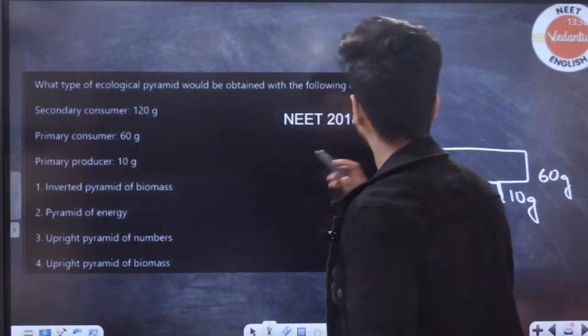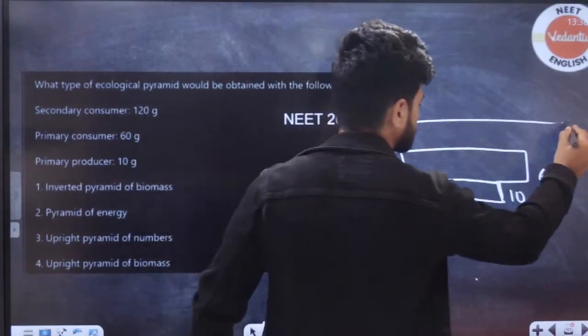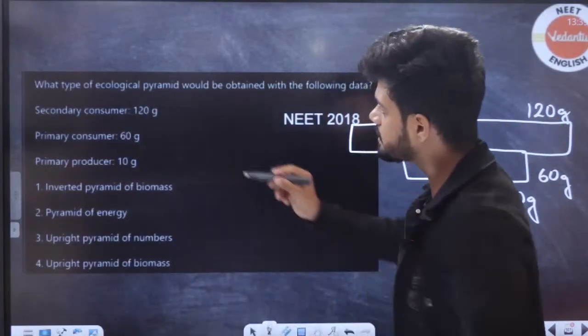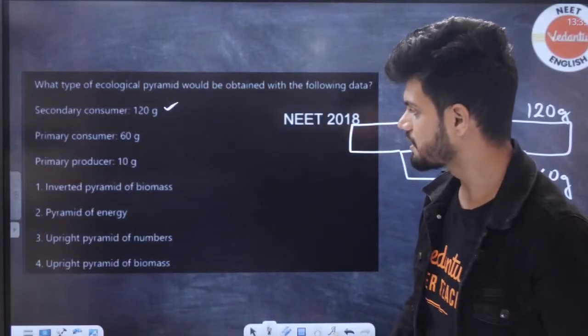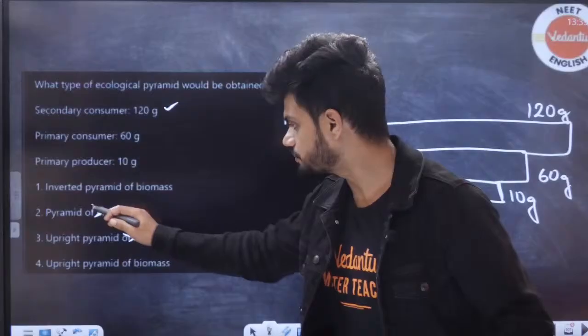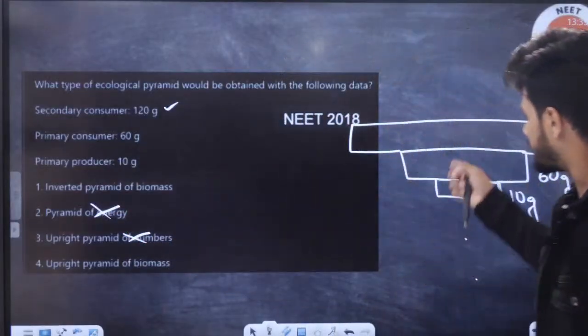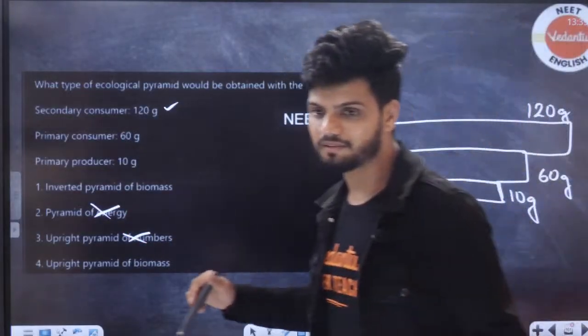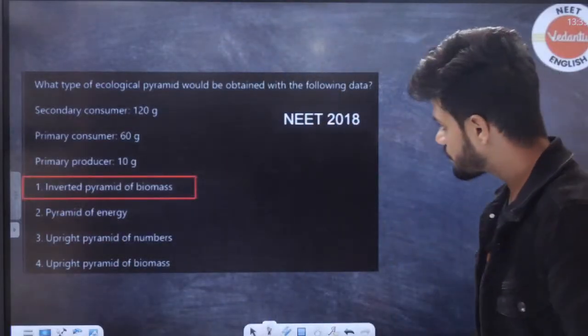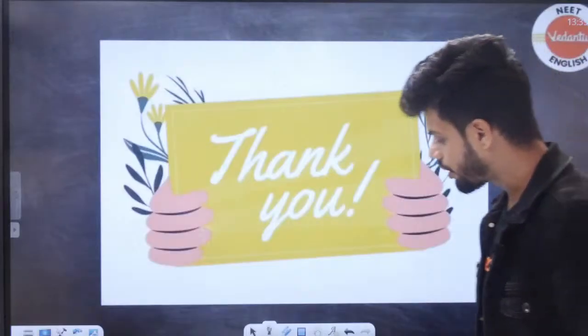Secondary consumer at 120 grams. It is in grams, so it is a pyramid of biomass, not number, not energy. Is it upright or inverted? It is inverted. Option number 1.